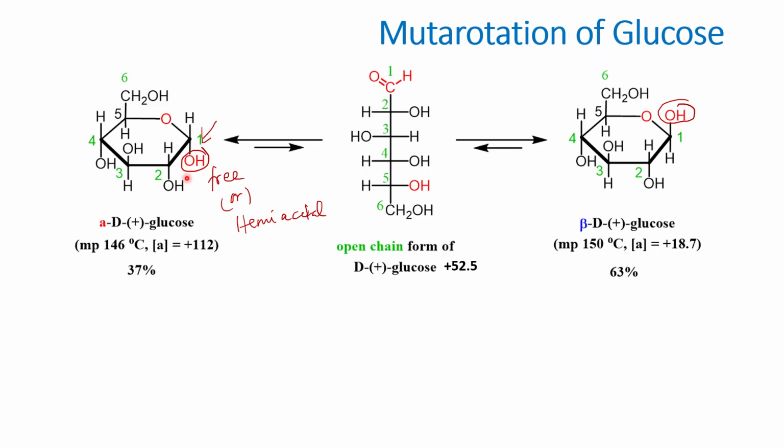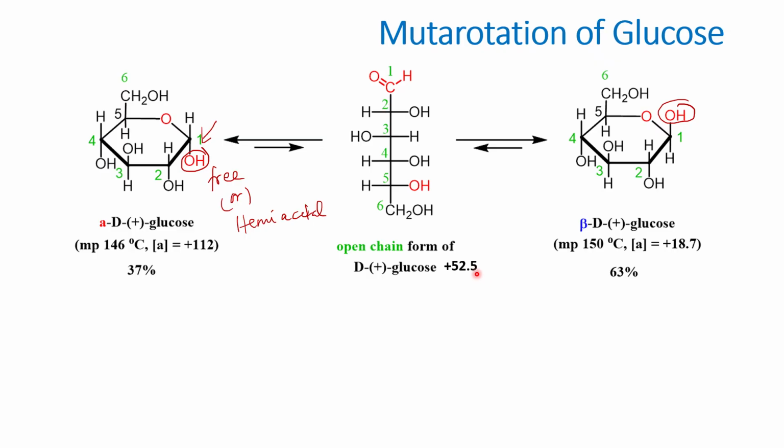But if this OH is blocked or converted into some other group, then this carbohydrate cannot open to the open chain. So monosaccharides can equilibrate between the stereoisomers and the open chain because they have this hemiacetal structure, which can open and close in solution.